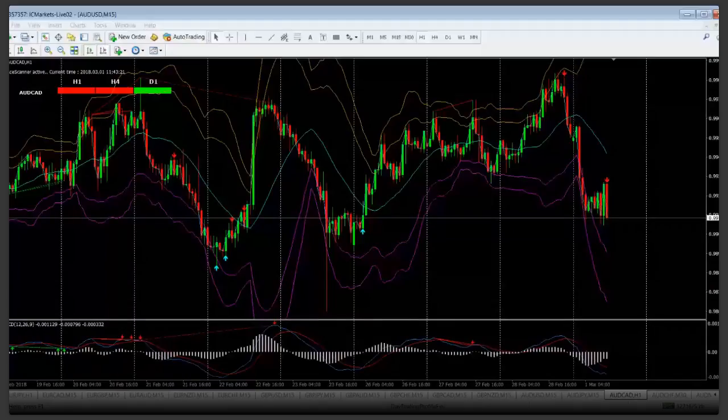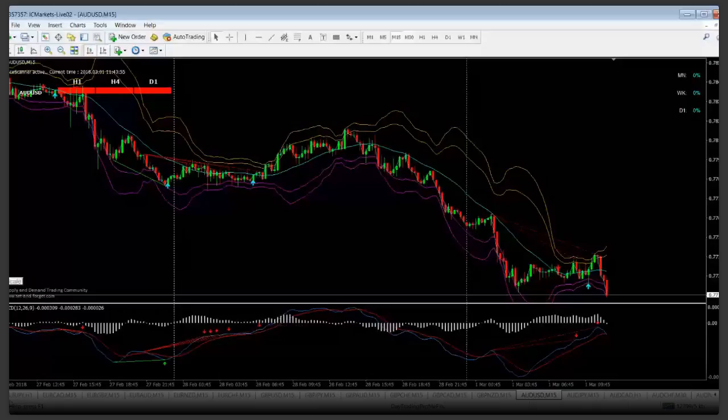Nine pips on the Aussie CAD, and I'll just leave the Aussie USD open. So I'll just focus on this Aussie USD trade that we're in at the minute.